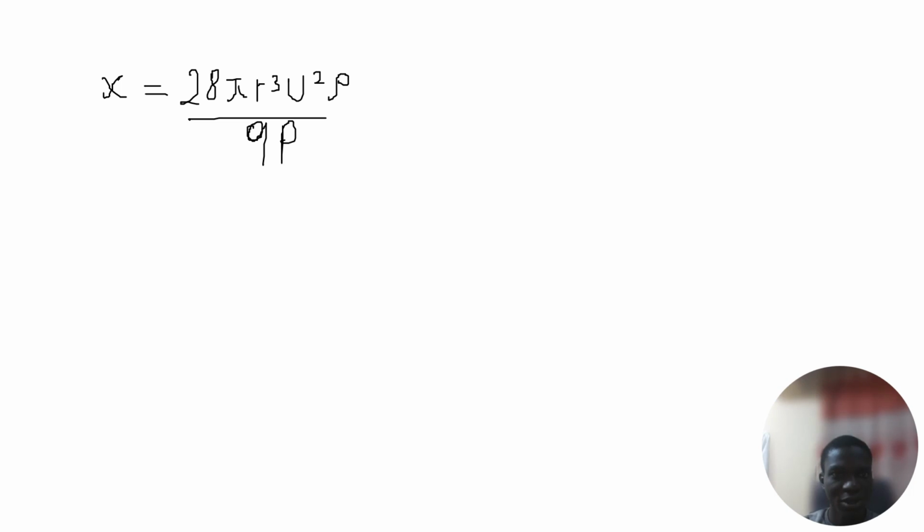Okay, so let me try to write down the question again. The question is x equals 28 pi r cubed u squared rho, everything over 9p. So this is what we have here.